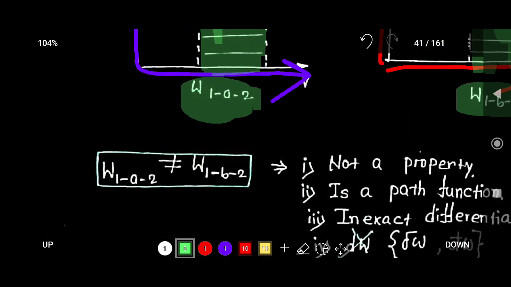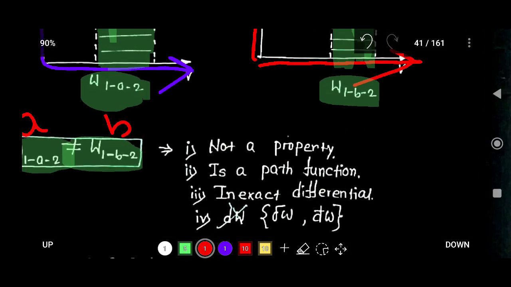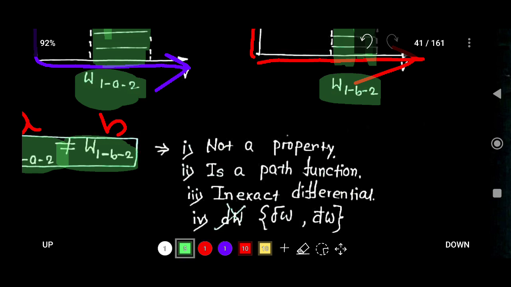So W1A2 is not equal to W1B2, the work for process A and the work for process B. So this work is not equal, and from here you can conclude that it is not a property. It is a path function.